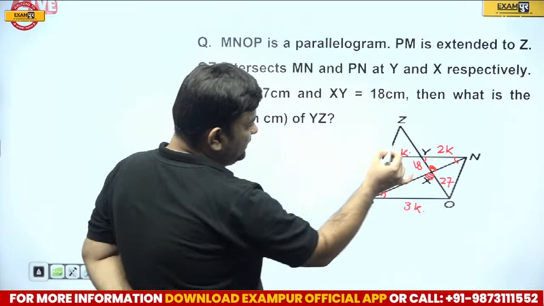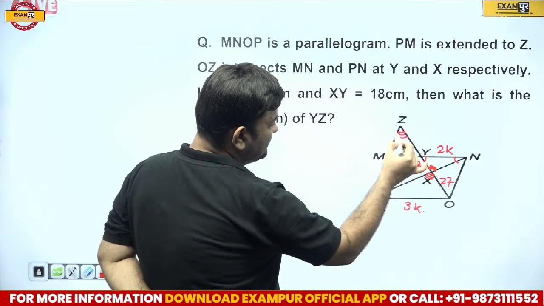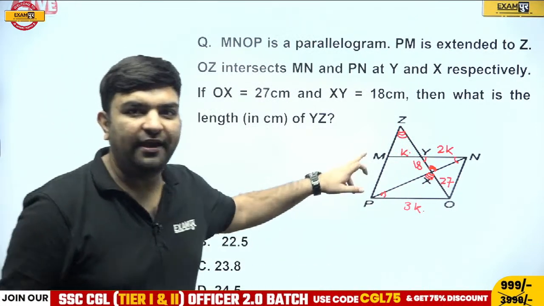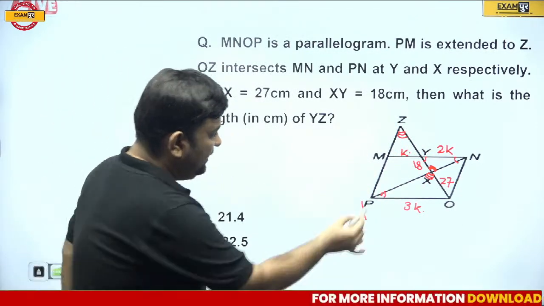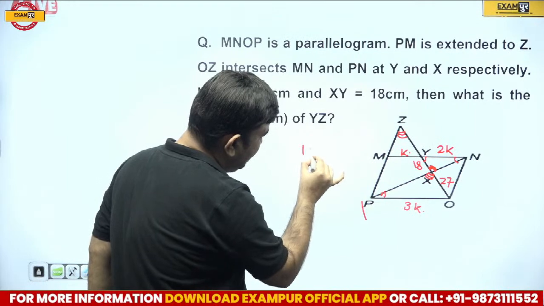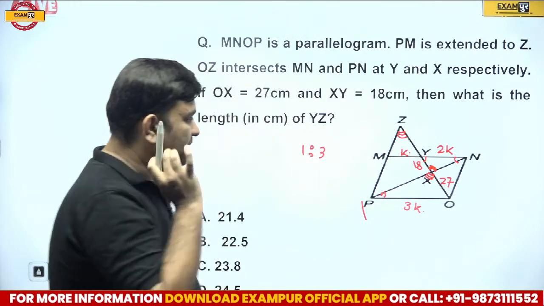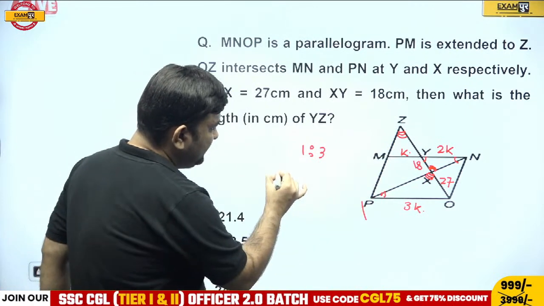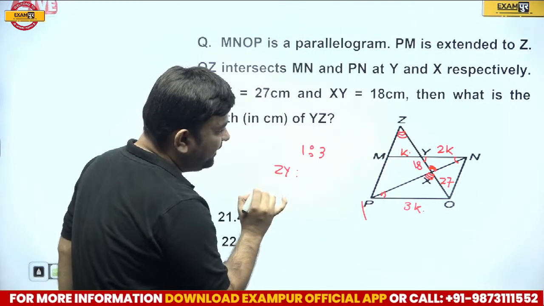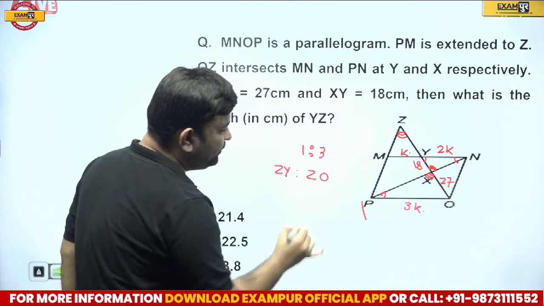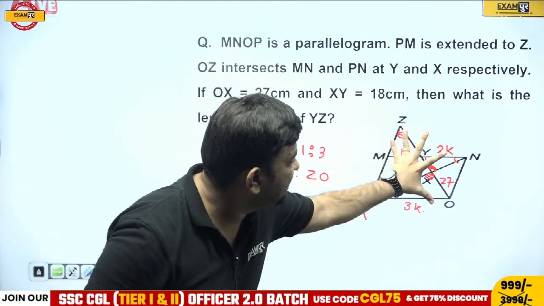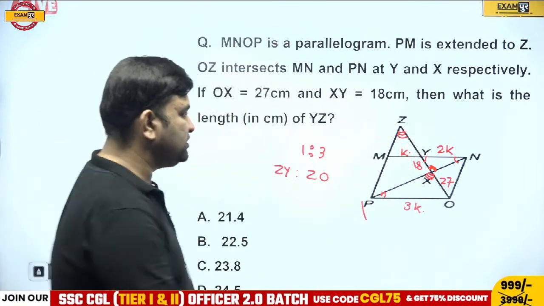Dear oh dear, these two are also similar triangles, ZMY and ZPO. If their corresponding side is in the ratio 1:3, then ZY and ZO would also be in the ratio 1:3.